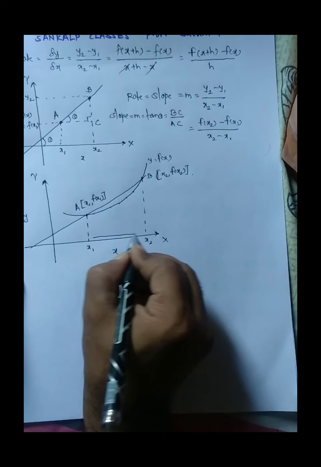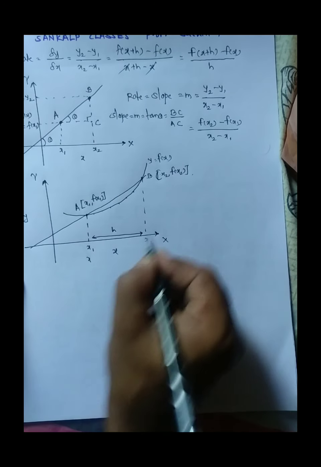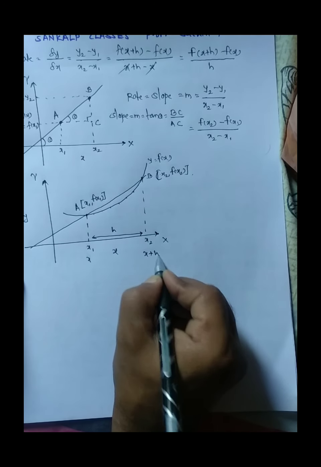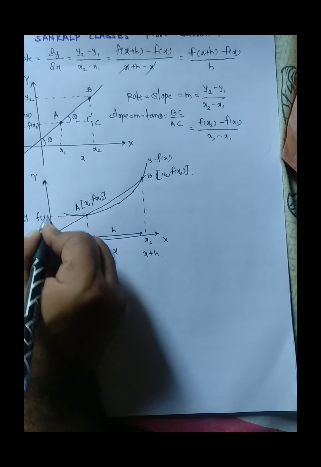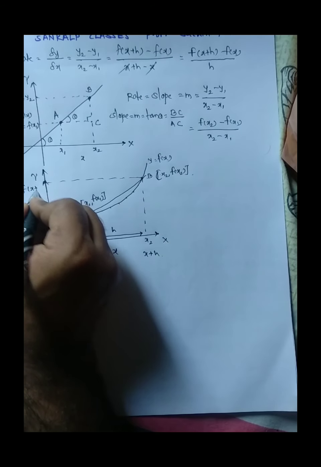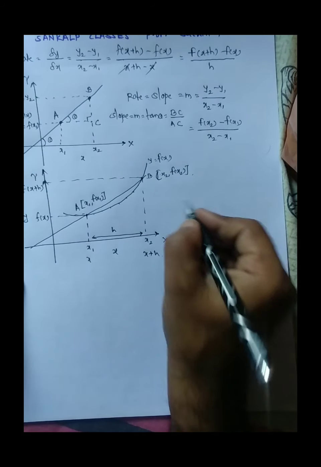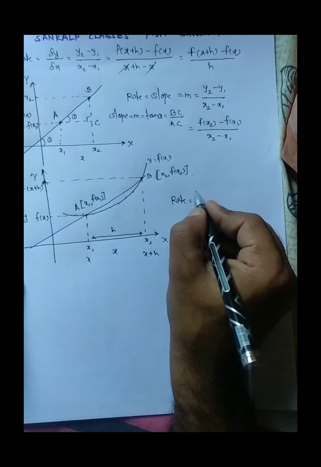Let us consider this distance is h. This is x, then this is x plus h. At that time this value is f of x, and this value of y is f of x plus h. Then you will get the rate is equal to y2.